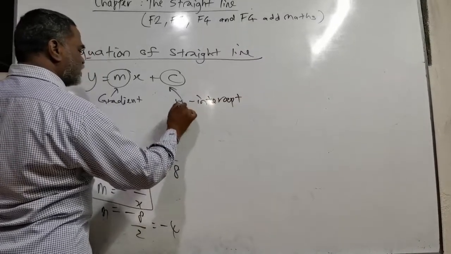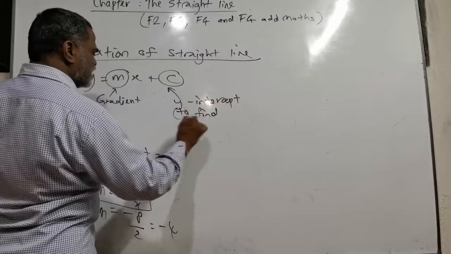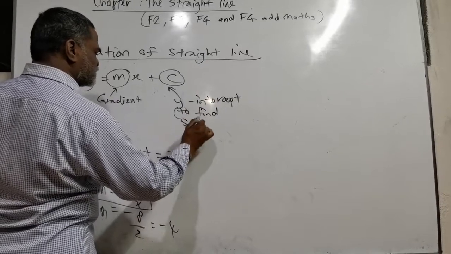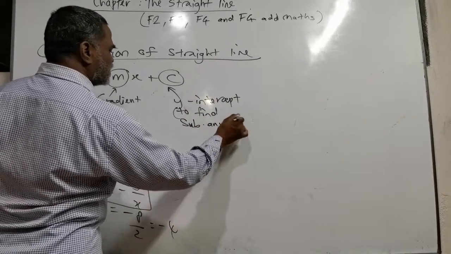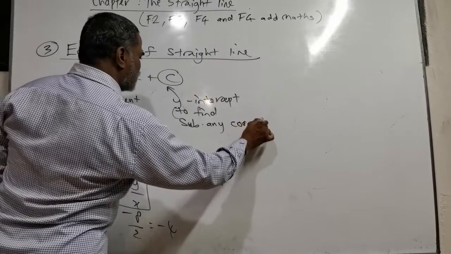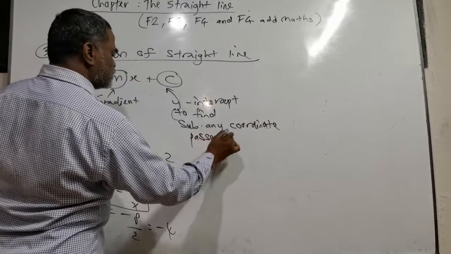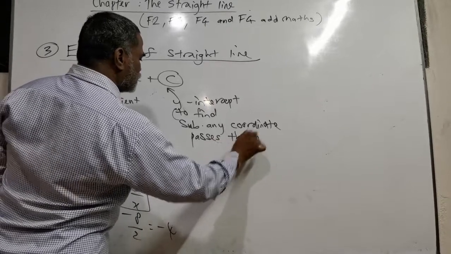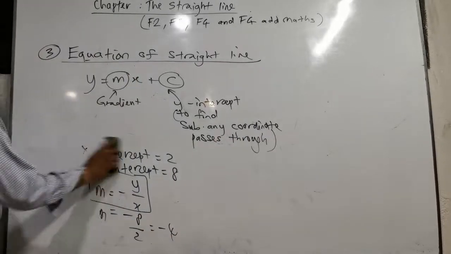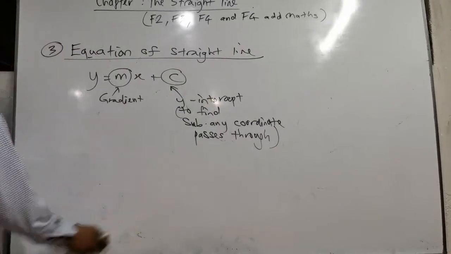Or sometimes, to find c, substitute any coordinate point the line is passing through. Alright, so I give a simple example for equation of straight line.